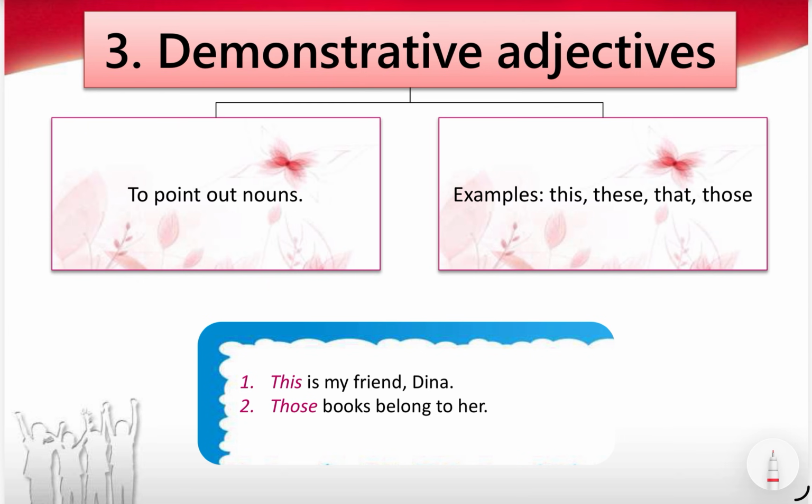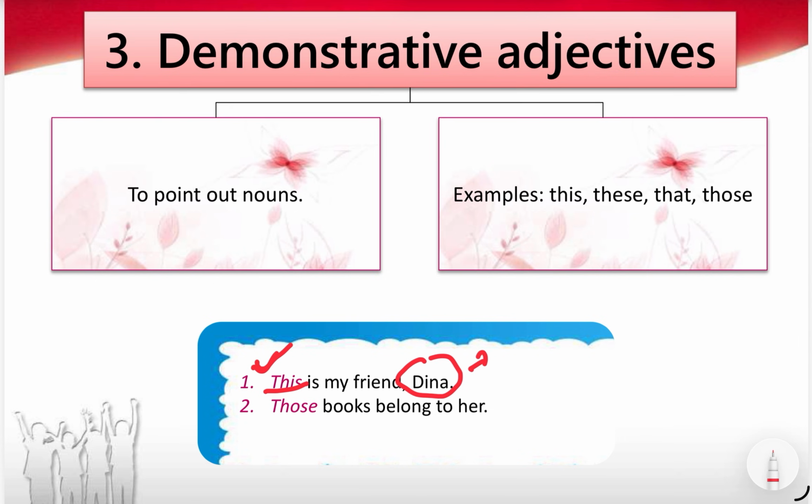At that particular time, I am demonstrating my friend Dina. What word are you using for demonstration? This. I pointed out Dina using the word this. That's why this is a demonstrative adjective.